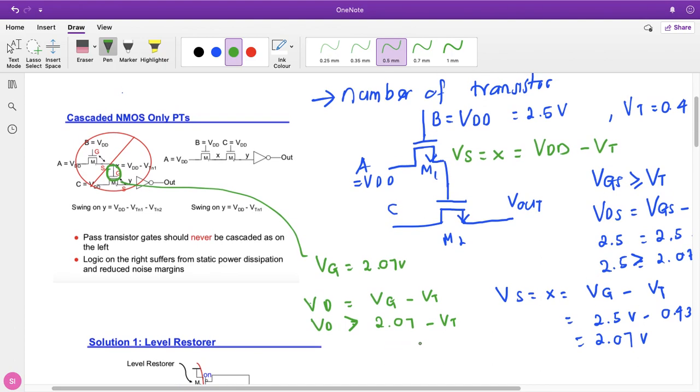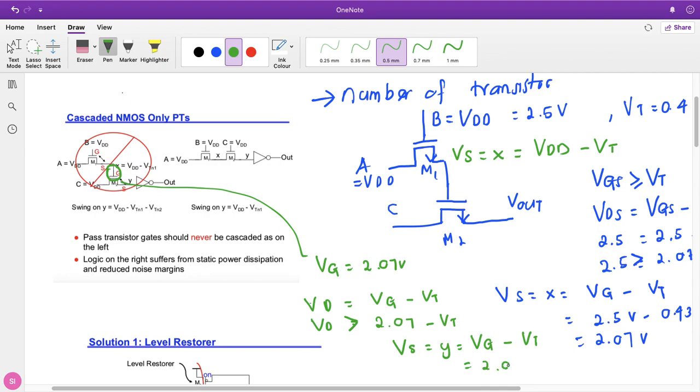So again, for these equations and this example, Vs or the Y is claimed as Vg minus Vt.